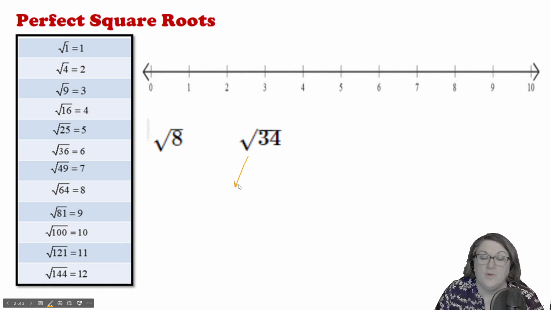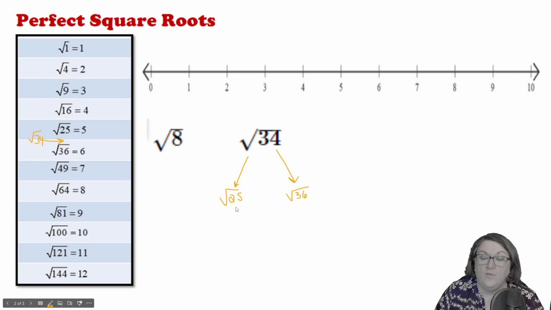Okay, so we already did the square root of 8, and we knew it was around here at the 2.8 mark. And the square root of 34, clearly it goes between the 25 and the 36 here, right? So the square root of 25 is before the 34, and the square root of 36 is after the 34.